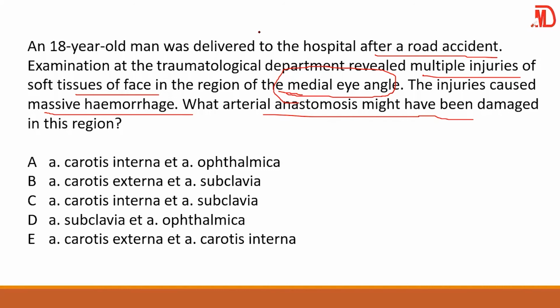So over here, we are looking at the external carotid and the internal carotid. These are the major arteries that undergo anastomosis with the angular artery. So your answer here is E.